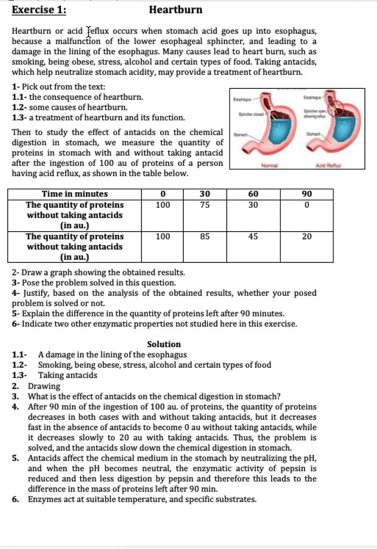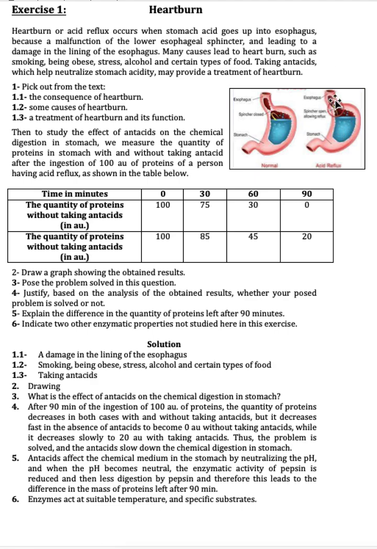Heartburn, or acid reflux, so we can call it also acid reflux, occurs when the stomach acid goes up into the esophagus because of a malfunction of the lower esophageal sphincter. As you see, we have here a sphincter which closes and opens.